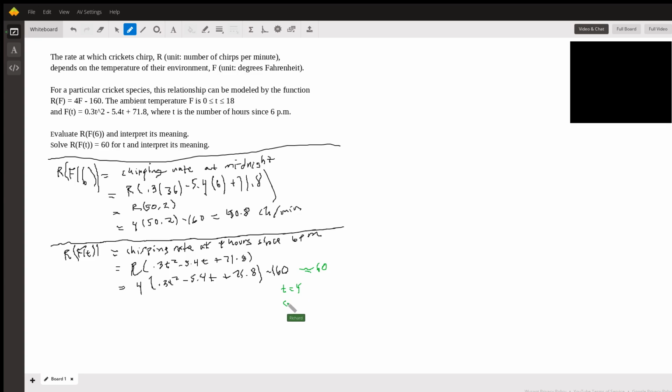So what that tells me is the chirping rate is equal to 60 at, well, it'll be 4 hours, so it'll be 10 p.m. Okay, so that's what that means. So we've set the chirping rate equal to 60 and found that the time is 4, and that means 10 p.m.